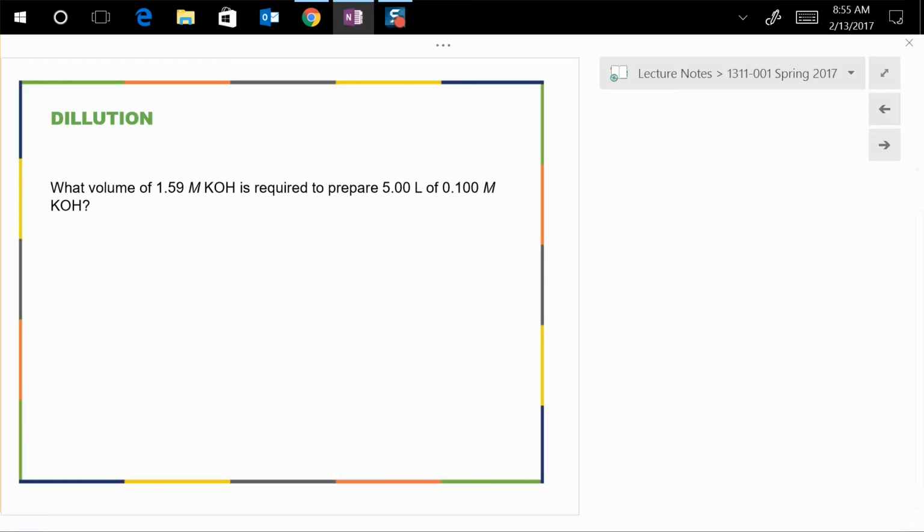What volume of 1.59 molar potassium hydroxide is required to prepare 5 liters of 0.1 molar KOH?